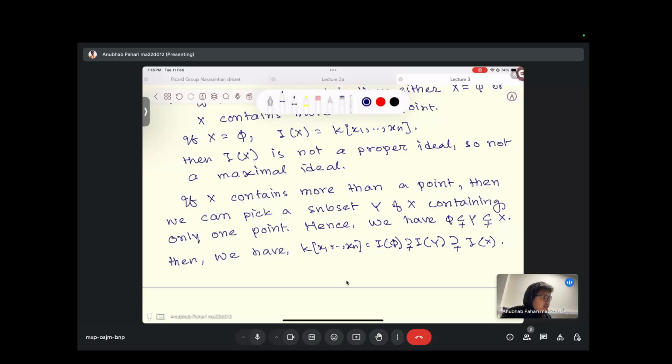Hence I(X) is not maximal because it is contained in a proper ideal, and any proper ideal is contained in a maximal ideal, so this is not a maximal ideal.